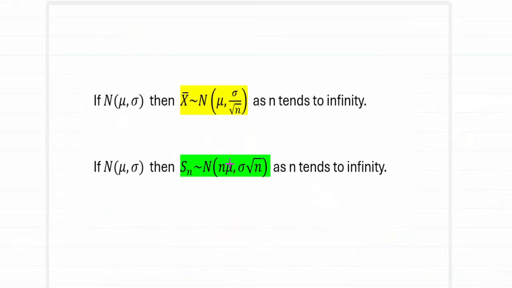So these are the two formulas we need to keep in mind, from an examination point of view, to solve any problems in the central limit theorem. So recollect one more time: X bar follows normal distribution with mu comma sigma by square root of n, and Sn follows normal distribution with n mu and sigma into square root of n. Thank you.